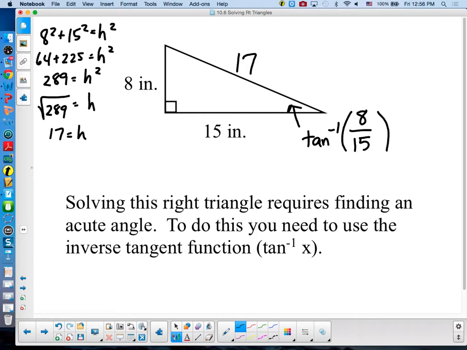A lot of you, the ones that write in the screen, activate the tangent inverse and then tell it the fraction 8/15, and it'll tell you the angle. On the one I'm using, I have to do 8 divided by 15, get that, and then do shift or second tangent. I get a 28-degree angle.